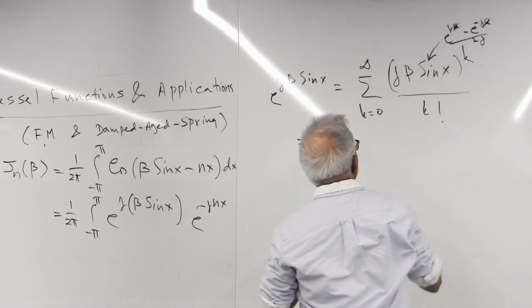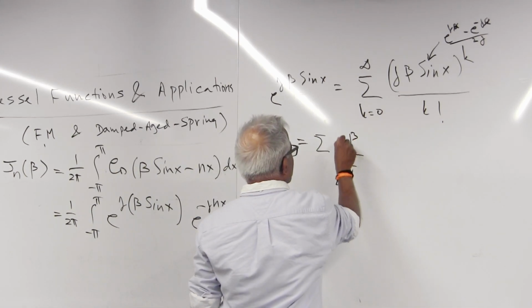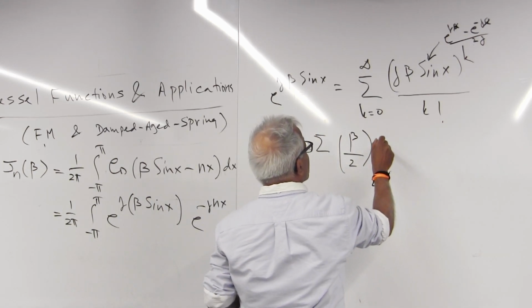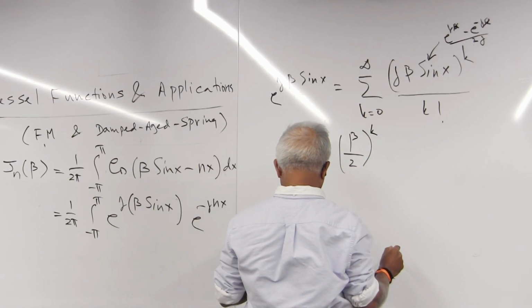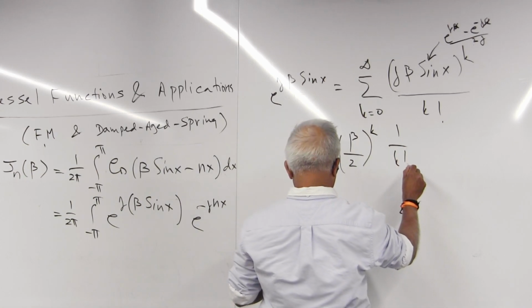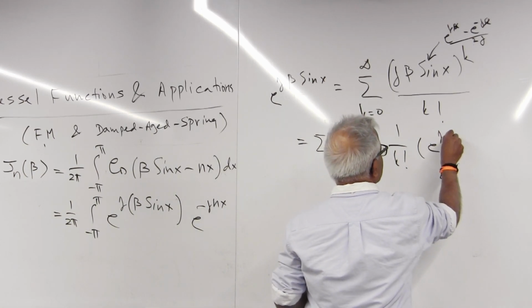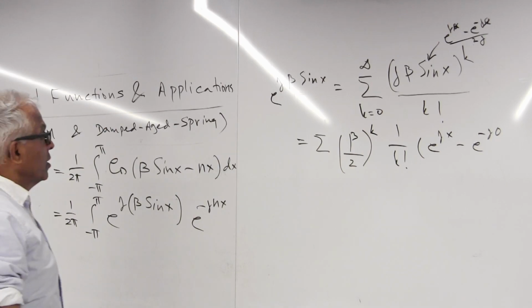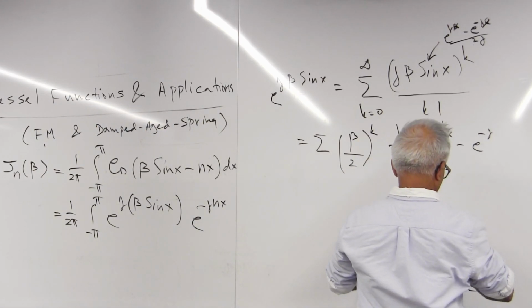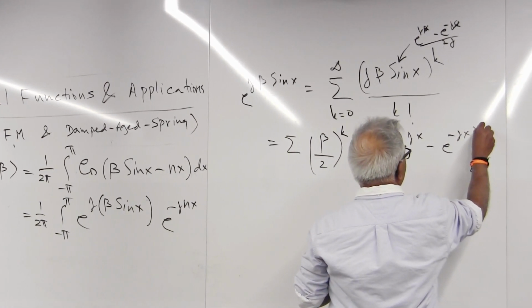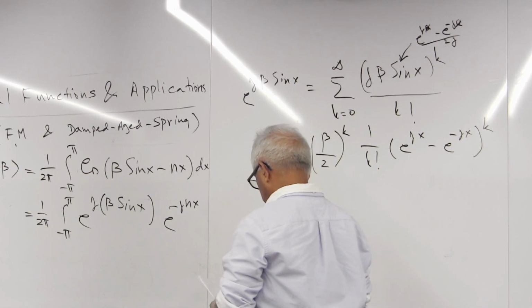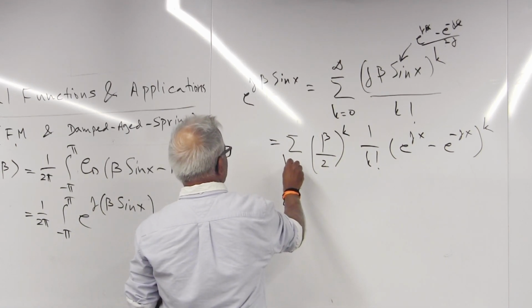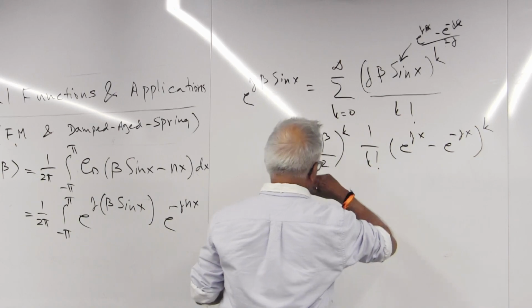This j would cancel with the j, and you would get beta by 2 coming from here, to the power k, then 1 over k factorial, and we have e raised to jx minus e raised to minus jx to the power k, where k goes from 0 through infinity. This I'm going to expand as a binomial.